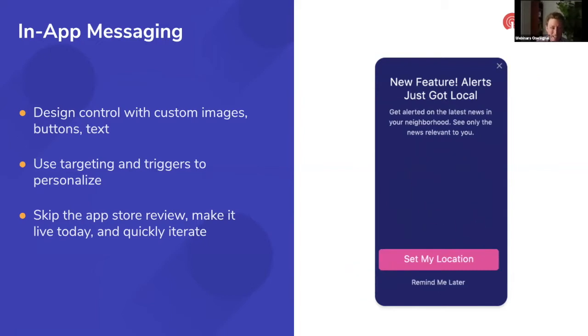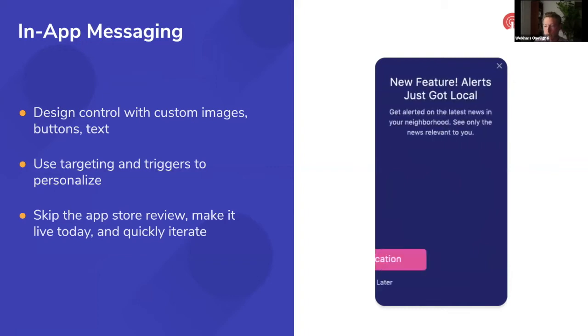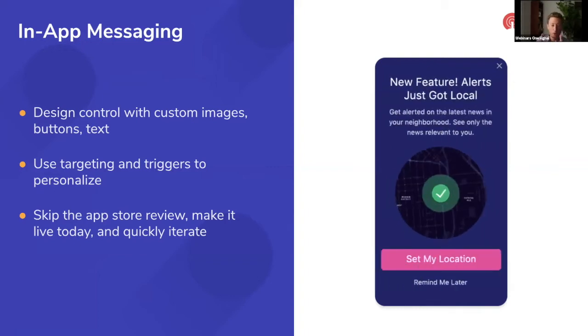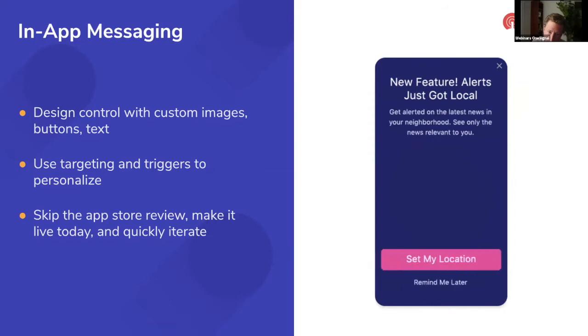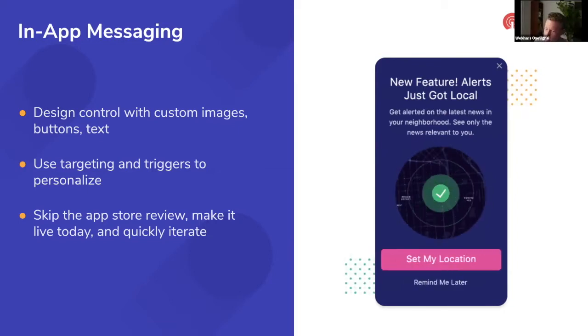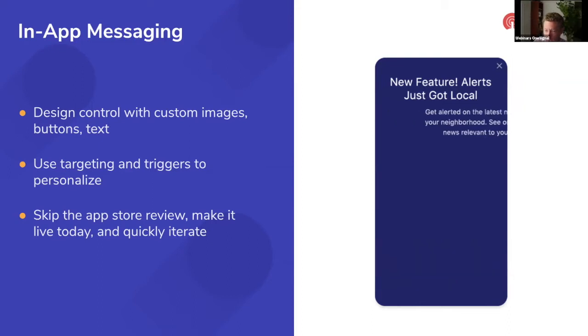And this is nice because it lets you actually build screens of content that all your users can see, not just the people who have turned on push notifications. You can customize in-app messages with images and GIFs and buttons and text. You see an example here on the right where you can build these really high quality visual experiences using the WYSIWYG editor in OneSignal.